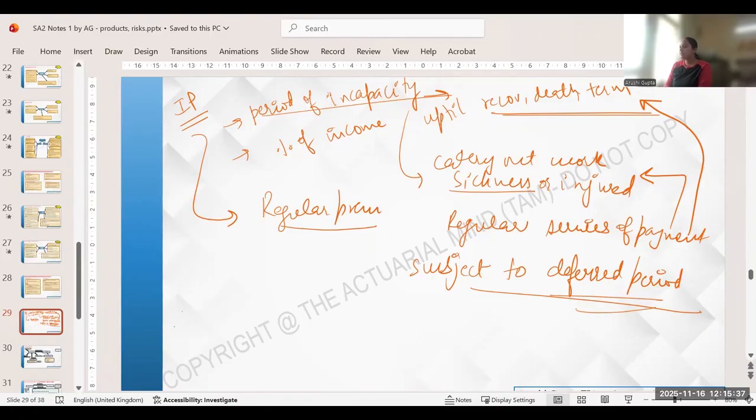So what is a deferred period? Can you tell me? If a person falls sick here, where is the deferred period and what does it signify? The initial few weeks where the benefit would not be paid. That's a deferred period. Where the benefit would not be paid.